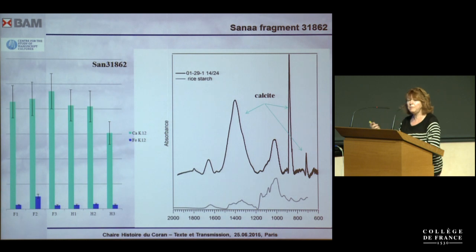So, our question now is whether the parchment of Sana'a was prepared with the help of lime, or it is possible that, if this was a palimpsest, then calcium carbonate was used for the secondary preparation, which we'll know from the work on the palimpsest.